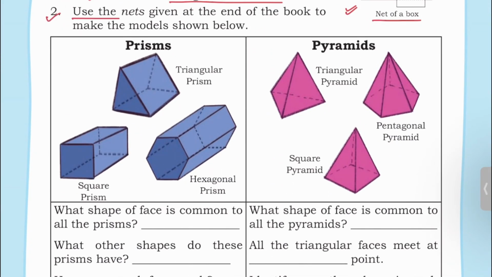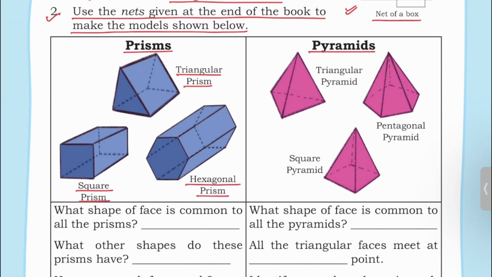Two, use the nets given at the end of the book to make the models shown below. You can see models of prisms and pyramids here. In prisms, you can see triangular prism, square prism, hexagonal prism.